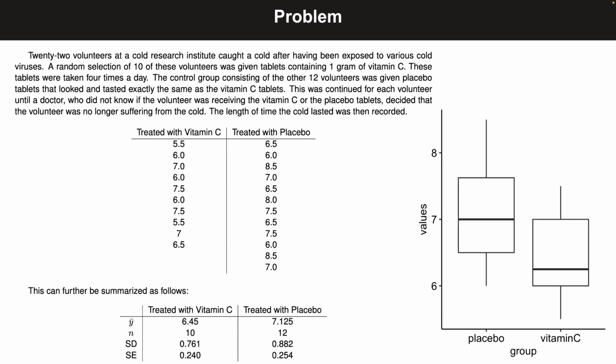I'm not able to see, if I did 10, 15, 20 observations, whether all of them are distributed in a similar fashion, located towards this mean value, or are very different. One way to fix this, which is a very easy fix, is to draw something called a box plot. So this is vitamin C, this is placebo.